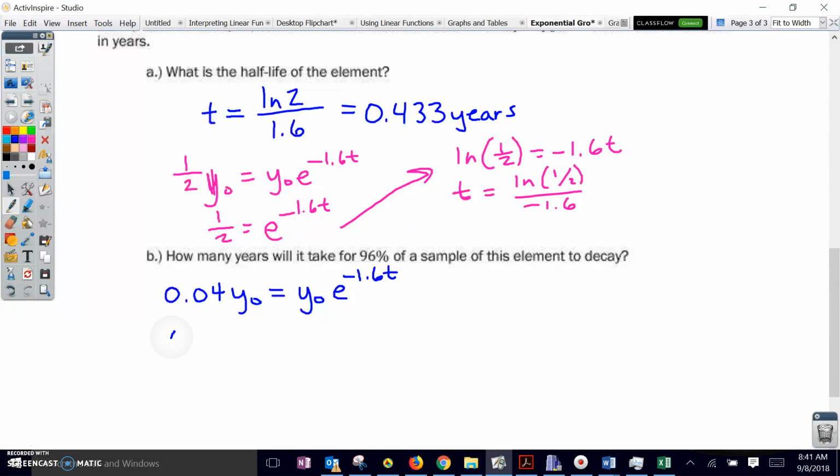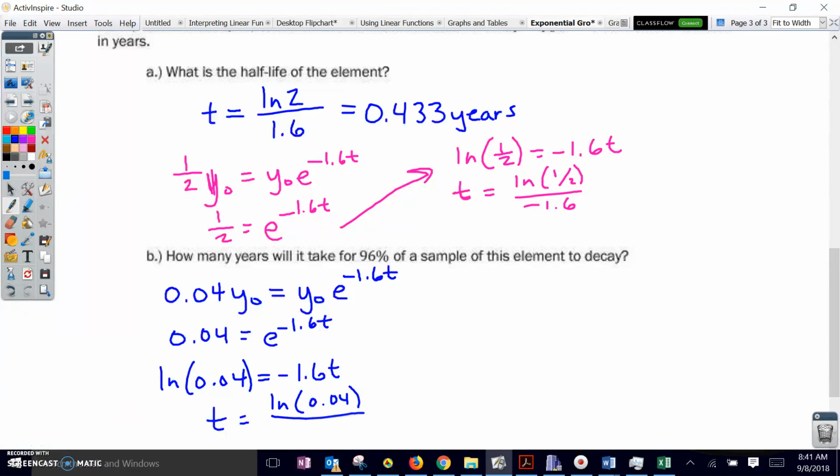We divide both sides by y sub 0. Take the natural log of both sides. Divide both sides by negative 1.6. And then we can calculate the time.